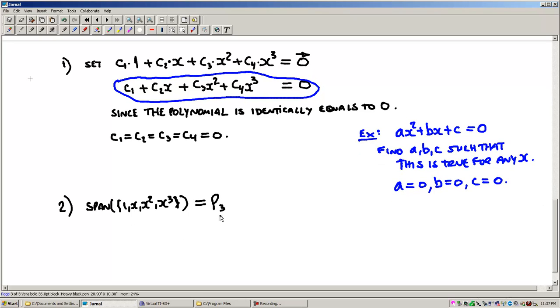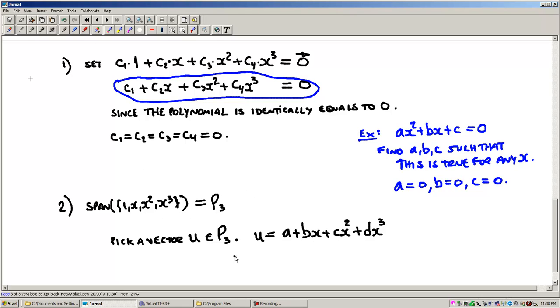Well, that's pretty obvious, because if you pick any vector in P3, let's say a vector u, okay, in P3, then it's a polynomial of degree 3 or less. So u is actually a polynomial. It will be a plus bx plus cx squared plus dx cubed. Oh, I forgot to put the square and the cube here, right? So u is actually a polynomial of degree 3 or less. It could happen that the b here is 0, but anyway, it's in P3. Well, look at this. This is exactly a linear combination of those 4 vectors.